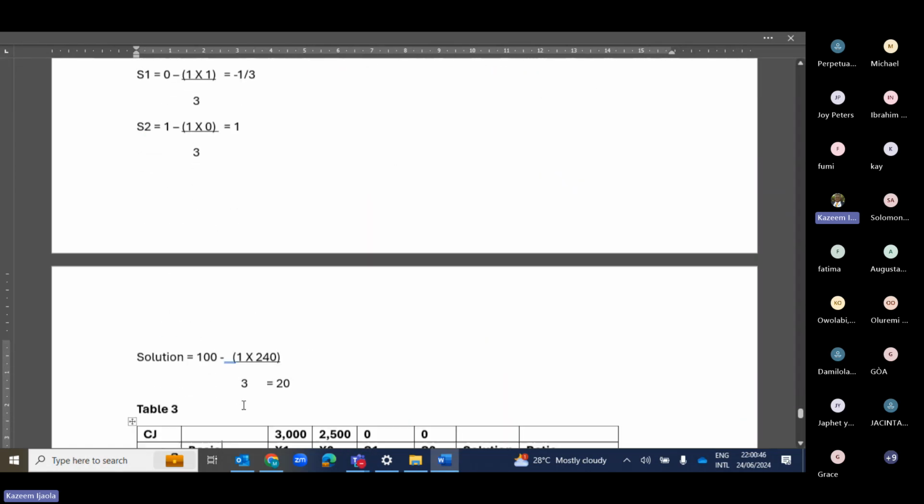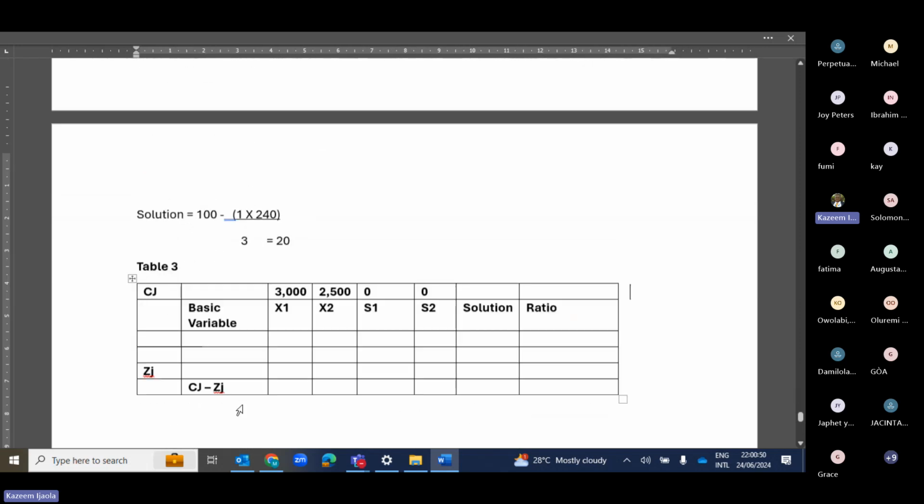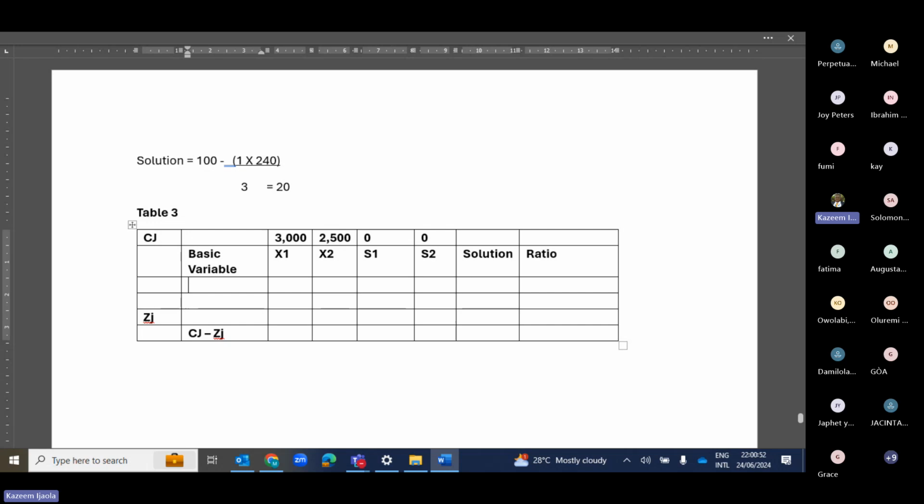So for table 3 now, we have X1, X2. X2 is our entry now, because you know what you do for entry is different. So now what's the CJ? This one is 3,000 and this one is 2,500, Abi.